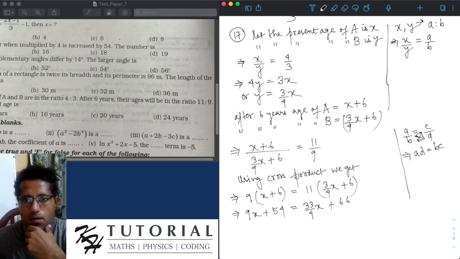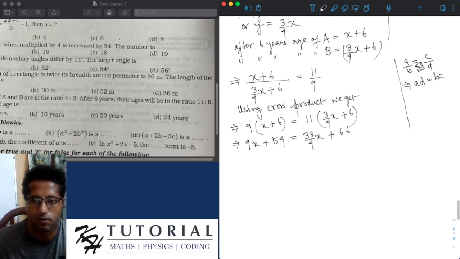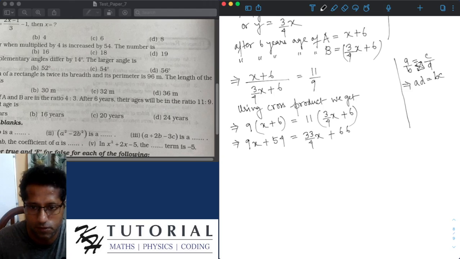Now we bring all the variable terms, the x terms, to the left hand side and all the constant terms to the right hand side. We get 9x minus 33 by 4 x equals 66 minus 54.